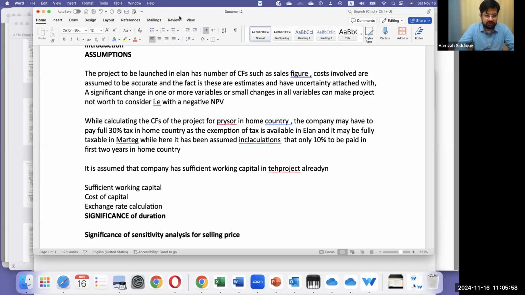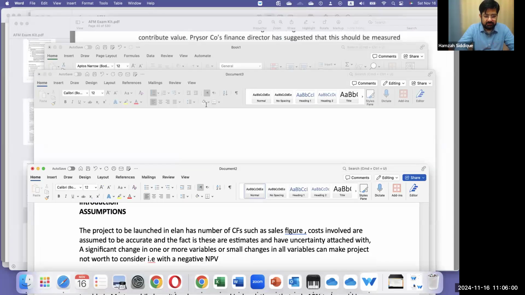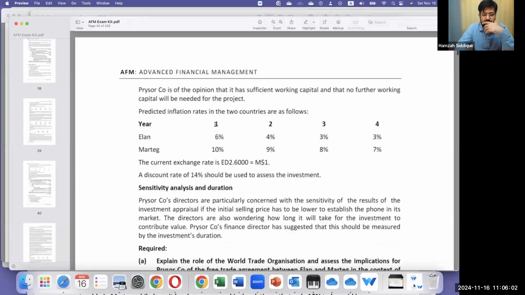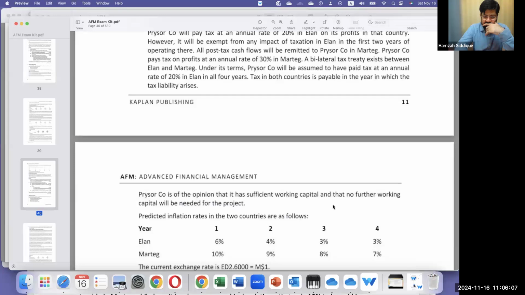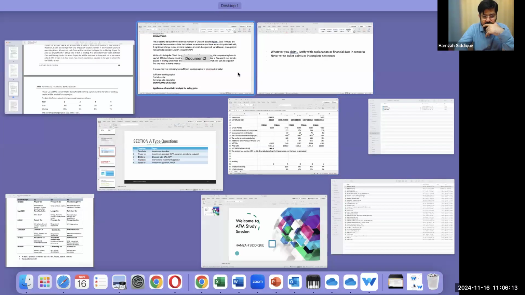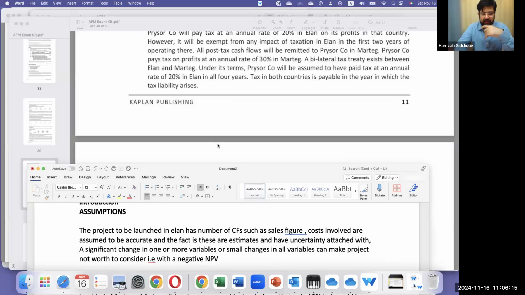If I'm not wrong, just a minute. What was the exact statement? Working capital. Yes.